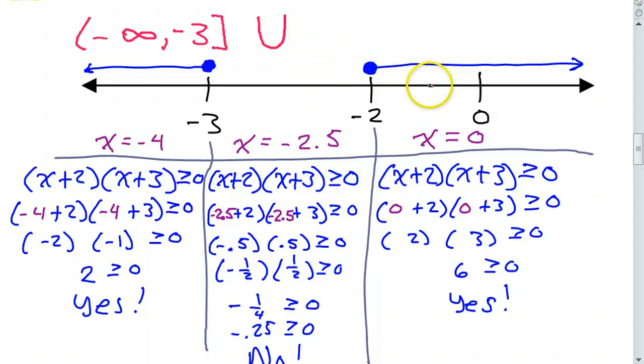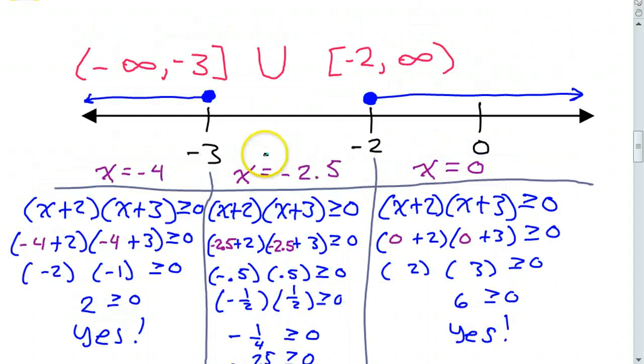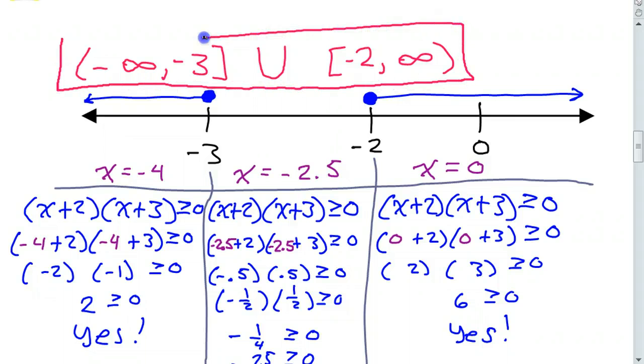And this interval goes from negative 2 to infinity. So this would be considered the solution, and of course the graph below is the graph of the solution.